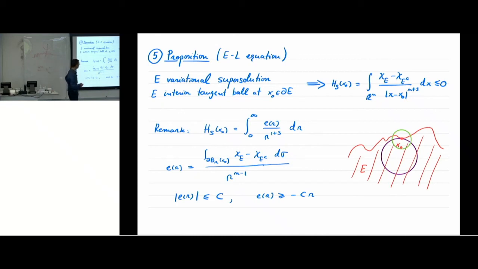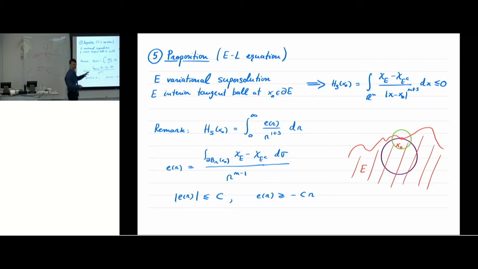So you say, I want to look at this mean curvature, but at a point, I'm going to pick a point on the boundary of E that has a tangent ball from one side. So let's pick an x_0 that has a tangent ball from inside E at x_0.